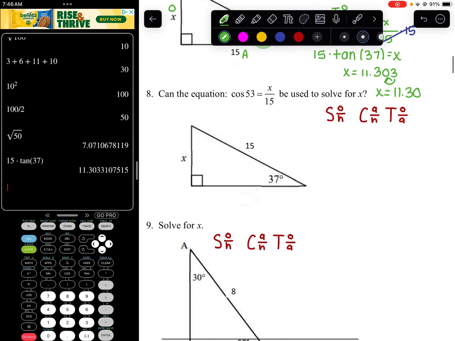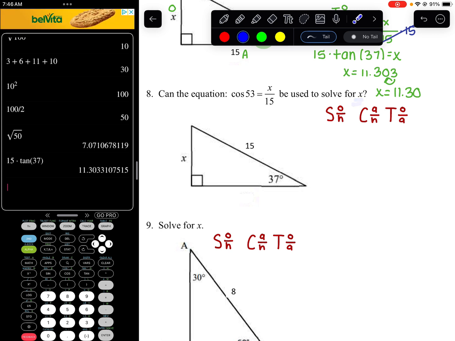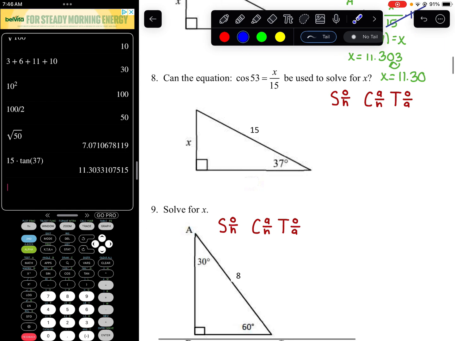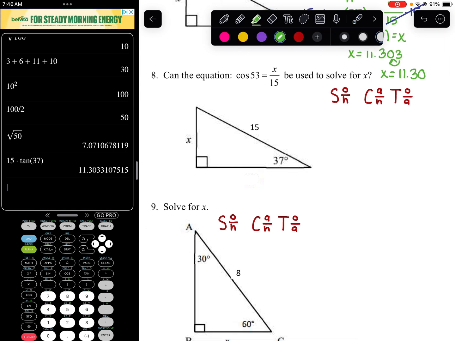This next problem is kind of like a true or false. Instead of solving for x, they want to know if this equation is the correct setup for this type of problem. Let's go ahead and check. If we were to solve for this type of problem, focusing on the 37-degree angle, what letter would x get?